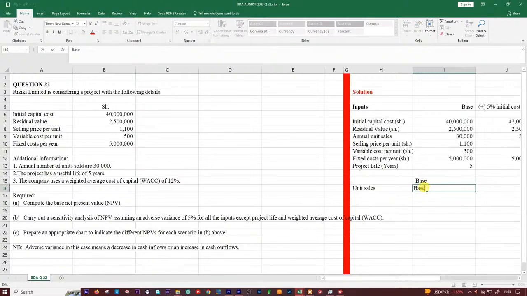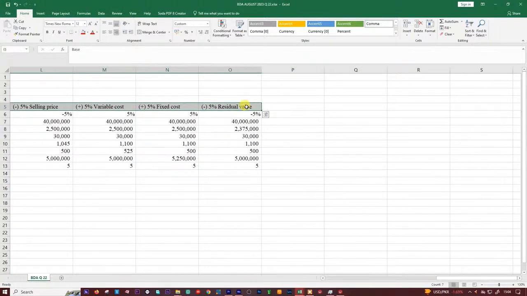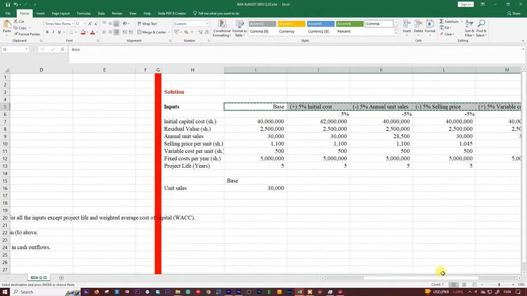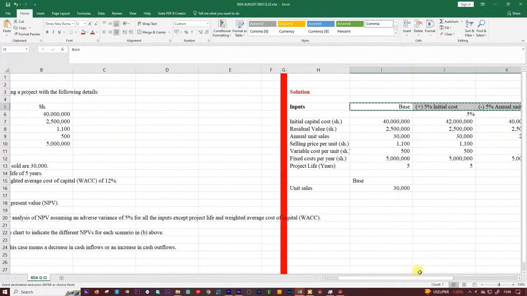Then here we are saying we're going to now put in the figures. The unit sales, 30,000. So we have them there. And then we copy these components towards the right here, just the same way.